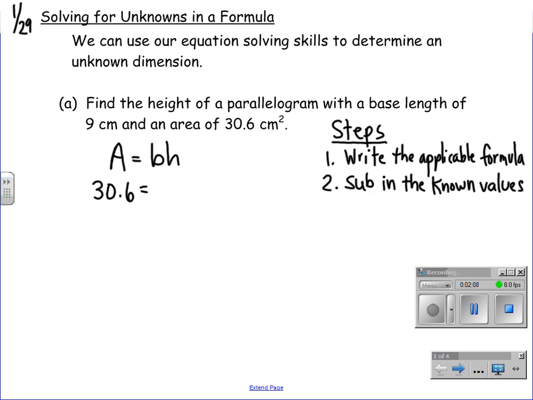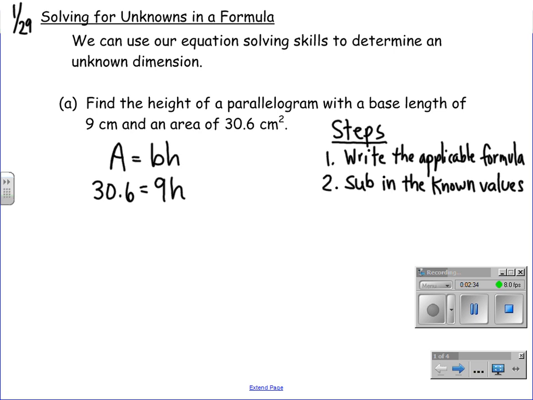Do we know the base or the height? Alan? Oh, sorry, that's B. Okay. We know the base is what? 9 centimeters. So we substitute a 9 for B, and we don't know the height, H. So we just leave the variable there.